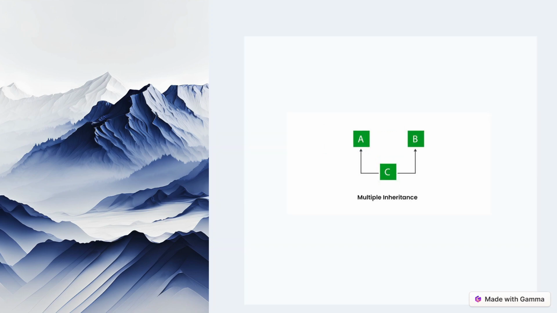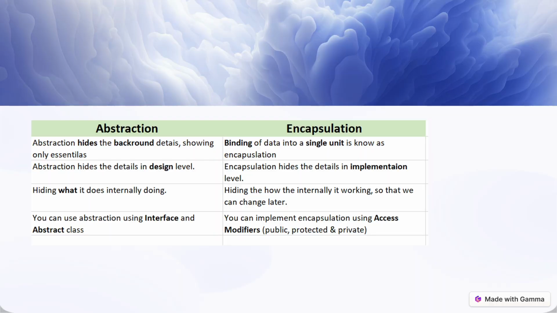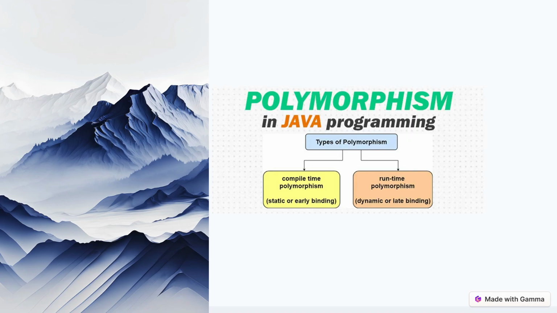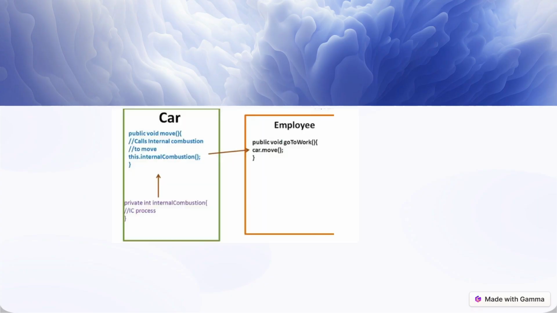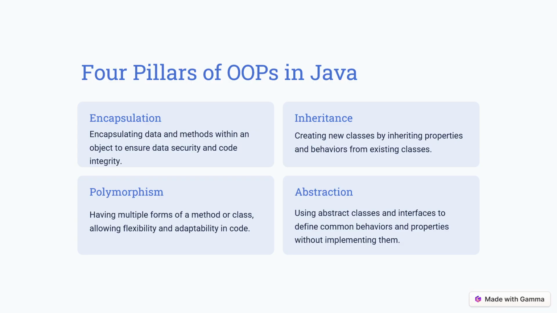So I explained all the OOPS concepts. I explained polymorphism. I explained encapsulation. I explained data abstraction. I explained inheritance. Also, I explained other OOPS concepts like the Object class.